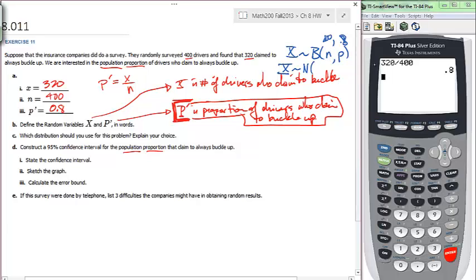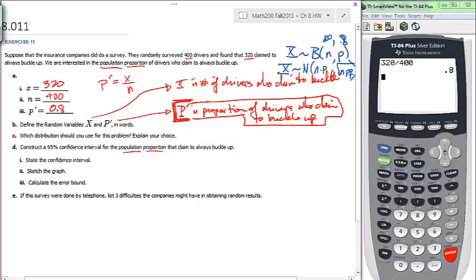And if you recall, the normal distribution is asking for a mean and standard deviation. And if you have a binomial distribution, the mean can be found by n times p, and the standard deviation can be found by the square root of npq. So this is our binomial distribution.